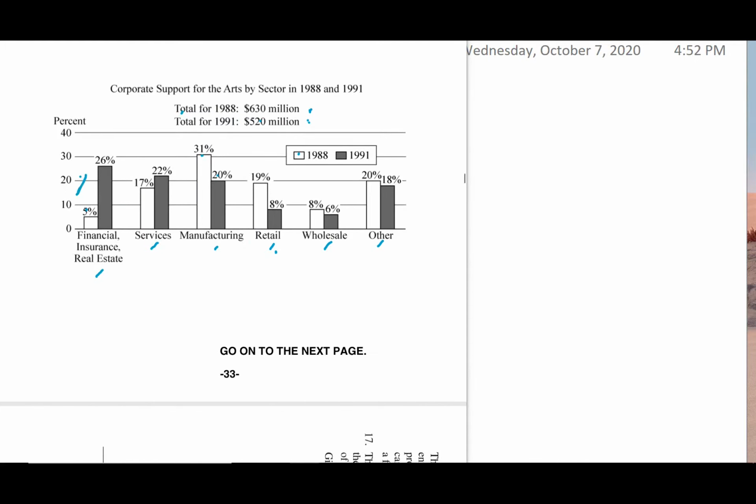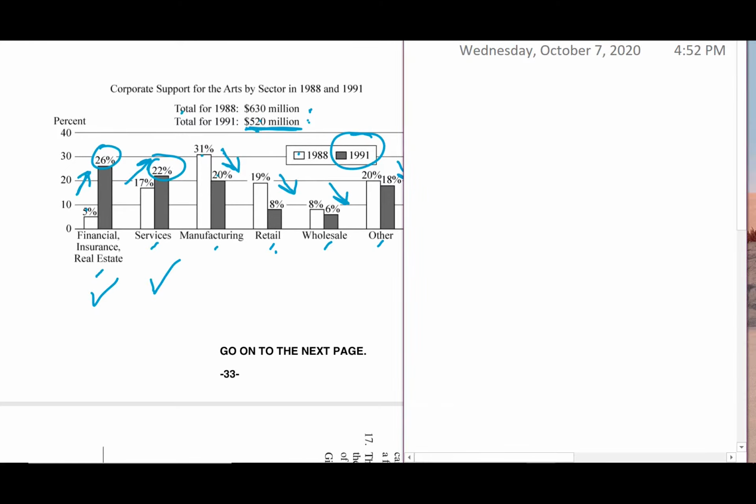Notice right here, it's trending from left to right upward. But then right here, it's trending downward and downward, downward. So we're only going to care about financial, insurance, real estate, and services for this case. And it says it's focusing on 1991's revenue, so we're focusing on anything in the dark shades, so these 2.